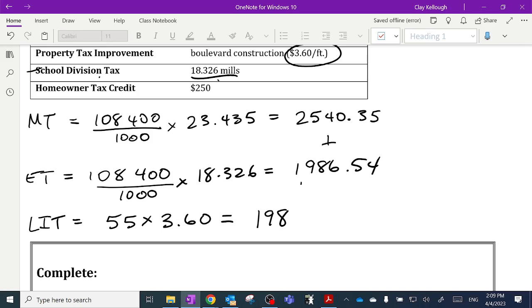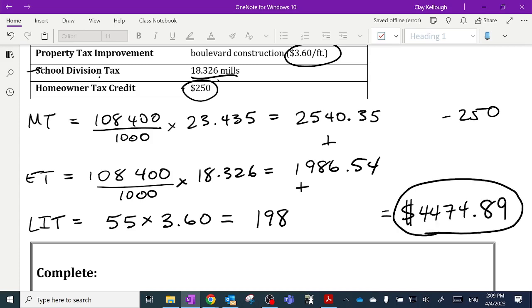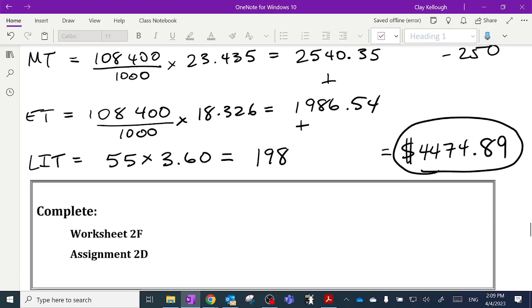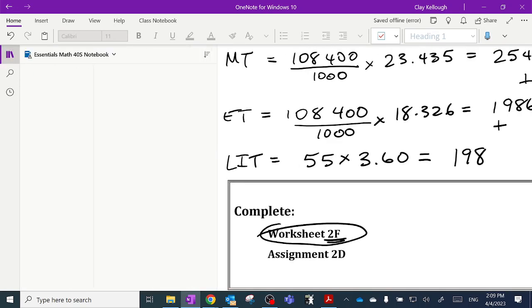Add those 3 numbers together, and then minus 250, and you will get the property tax bill. I got $4,474.89.